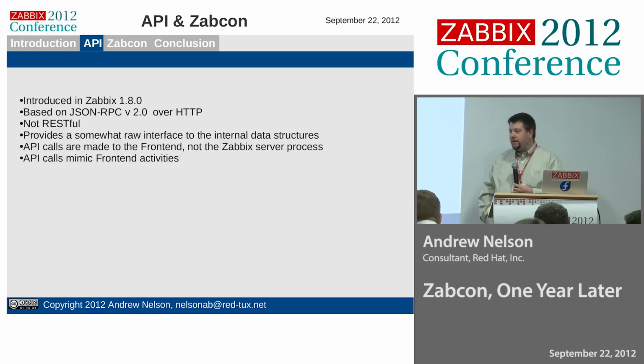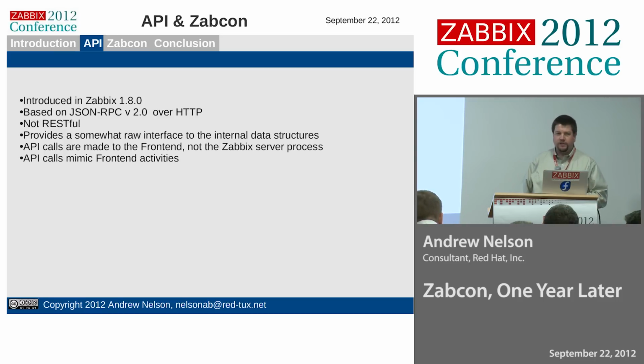As I said, because it's raw, many of the API calls mimic many of the front-end activities, because it came about from a desire within the development team to move to something akin to MVC, or Model View Controller, where you separate the various layers of how you implement things. As they were going into that, they were separating things out into abstracted interfaces, abstracted classes, and so the API just provided a direct input into that.